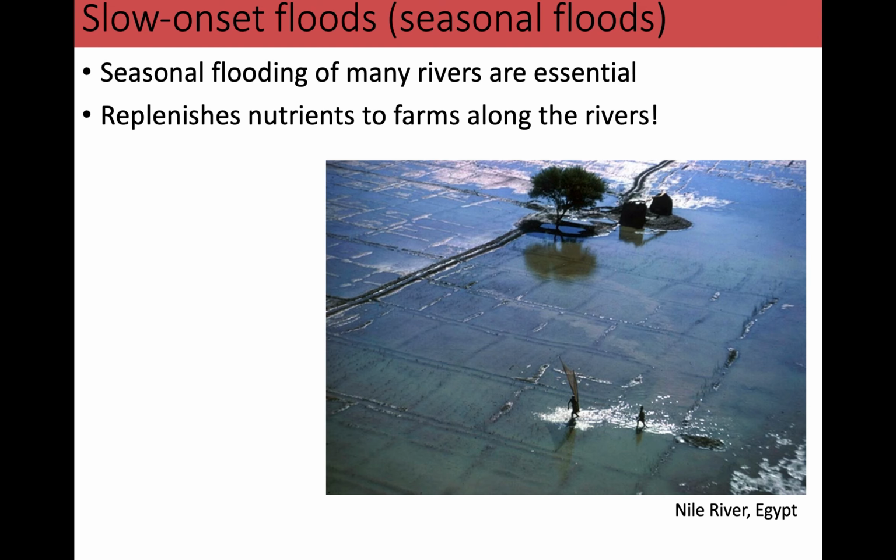So at certain rivers, they actually want large floods. They're hoping that the flood each year will be very large so that more nutrients will be brought to a wider area, so that more of their farmland will be replenished with what it needs to grow good crops.